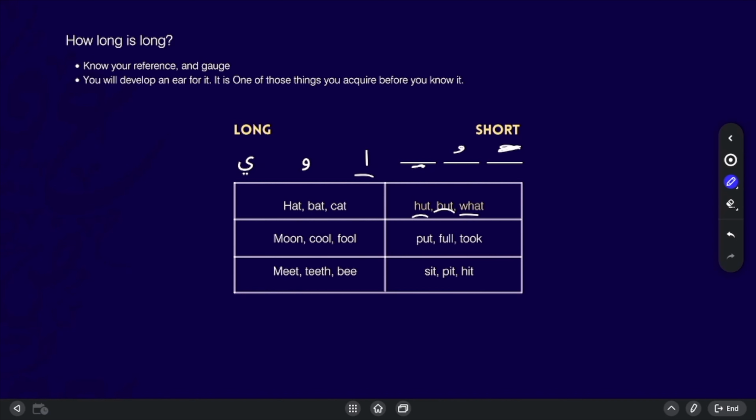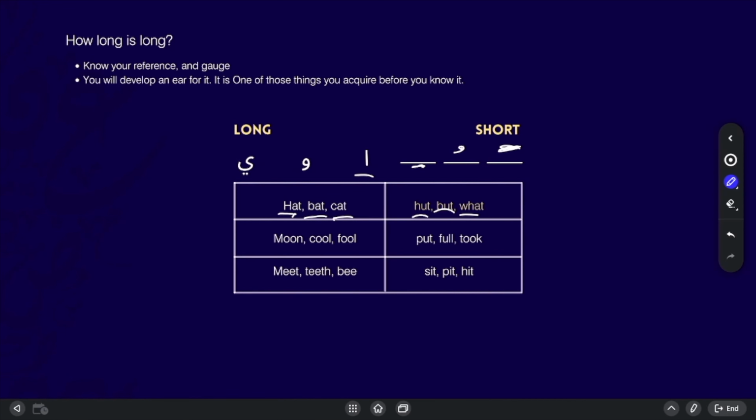Long a would be something like hat, bat, cat. See the difference between hut and hat. They're the same sound quality, the only difference is duration.